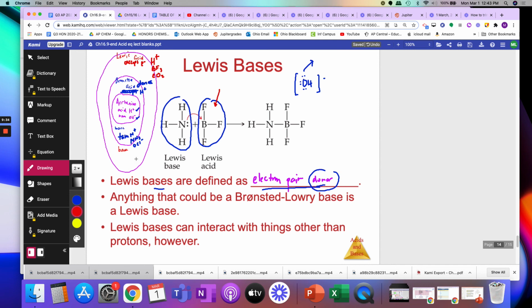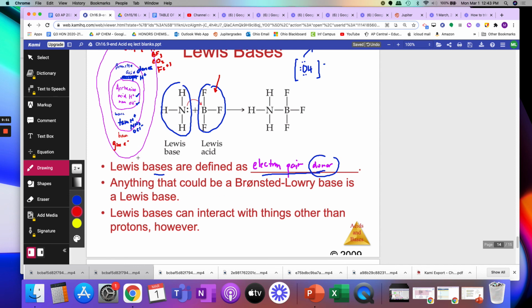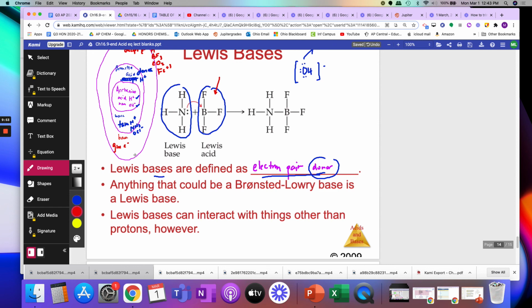Okay, now the base is any substance that will give away electron pairs. Over here too in Lewis acids, metal ions can be Lewis acids too. Okay, now the bases. You can have a base that gives away electrons. OH minus can give away electrons. NH3 can give away electrons. And that's it.